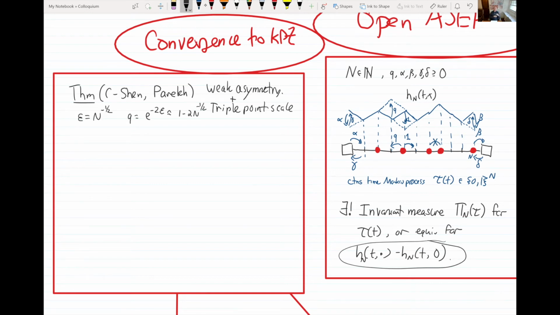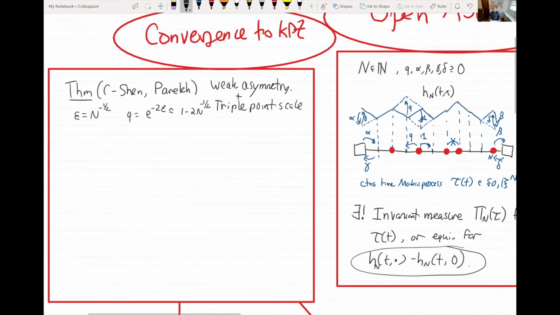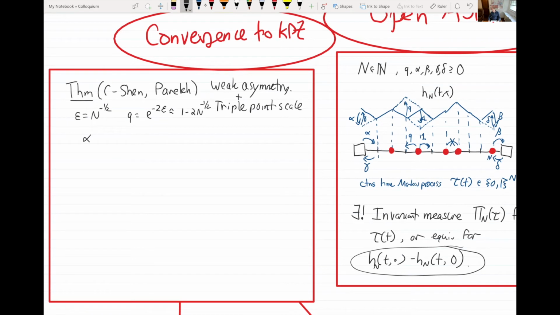The case of a symmetric system is actually much easier to study. You have the symmetry, but you have other properties. You have things called dualities. And so you take a perturbation away from that. Then what you do is you look at your alpha, beta, gamma, delta, and you also take them to be really close to each other.